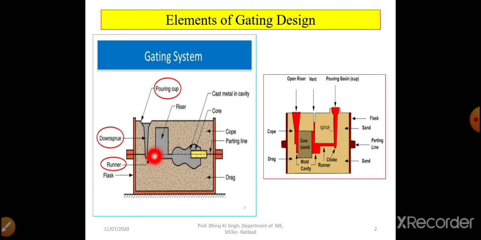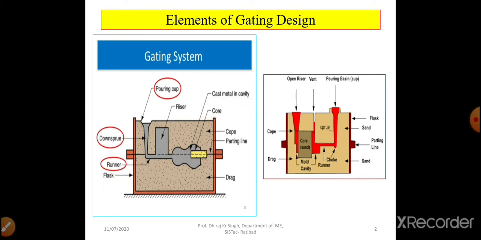This middle line or center line is also known as parting line, which is the bifurcation section of cope and drag. This portion is known as core. Core is basically provided in castings to create hollow castings. And this particular section which we are seeing right now is our mold cavity or cast metal cavity.